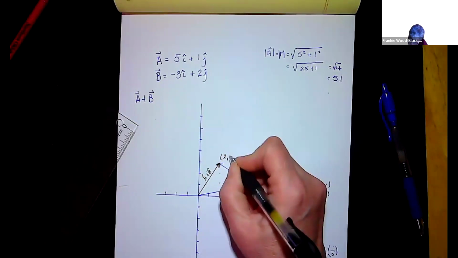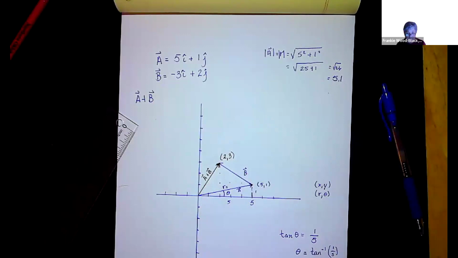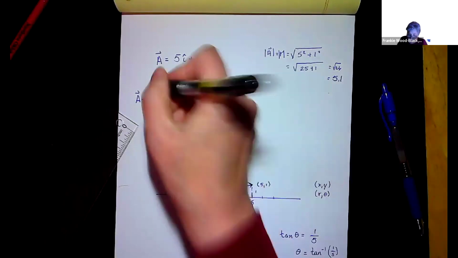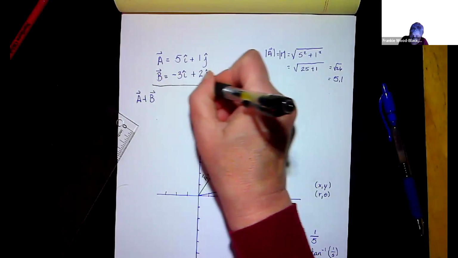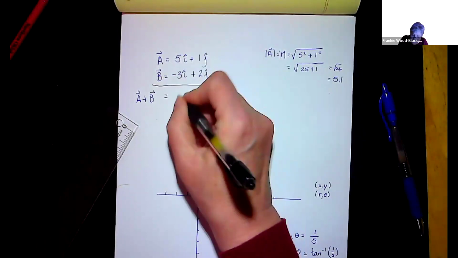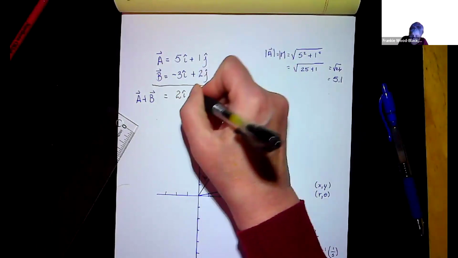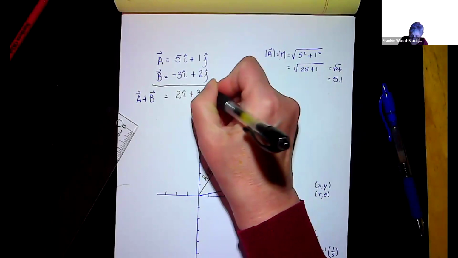It's a 2 and it's a 3. I've looked at my components, but look what we can do here. I can add my A plus B. I take 5 minus 3, that's 2i. I take 1 plus 2, that's 3j.